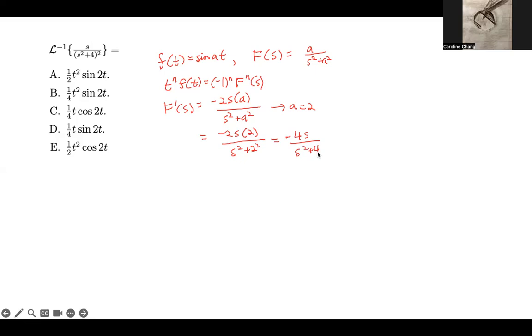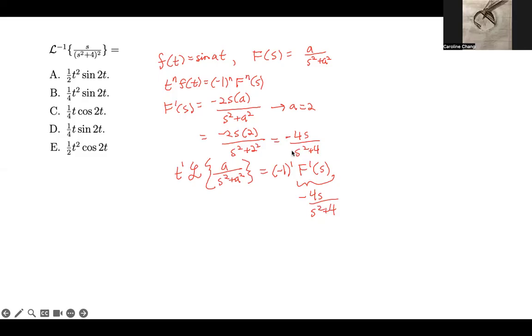And as we see, now we can apply this formula over here, and we can say that t to the power of 1 times the inverse Laplace of a over s squared plus a squared is equal to negative 1 to the power of 1 times the first order derivative of F of s, which is equal to, as we found, negative 4s over s squared plus 4.